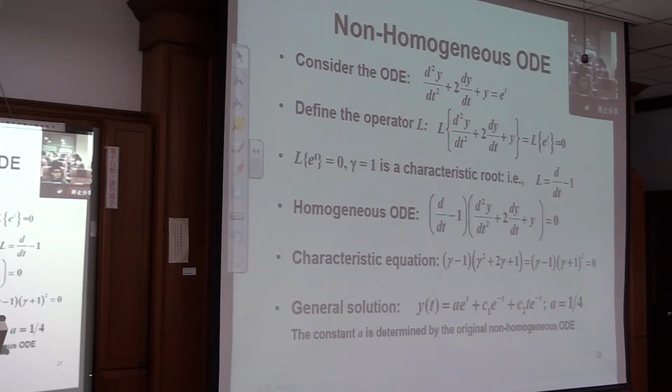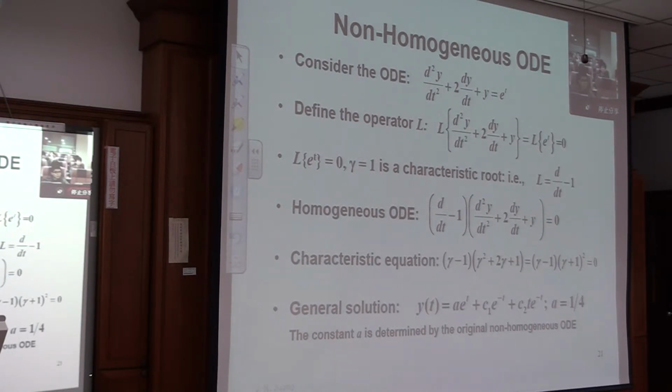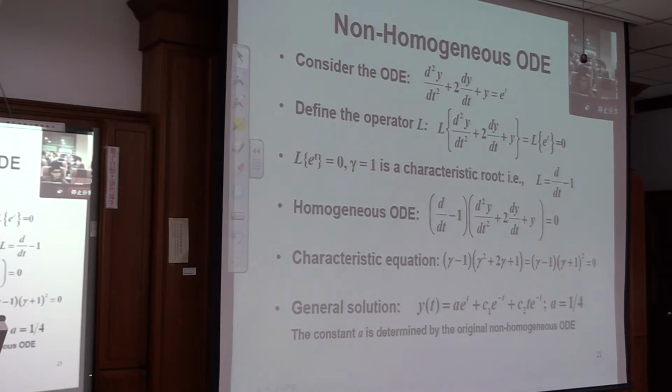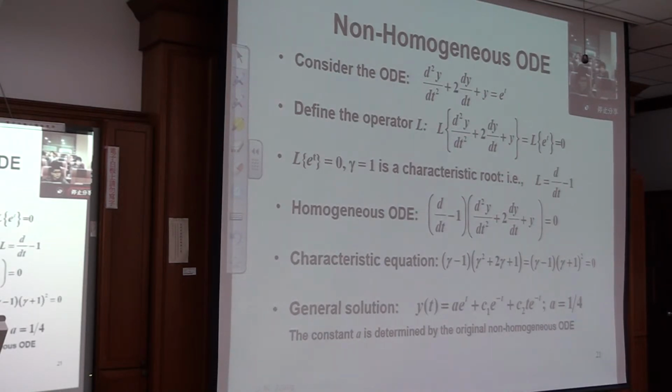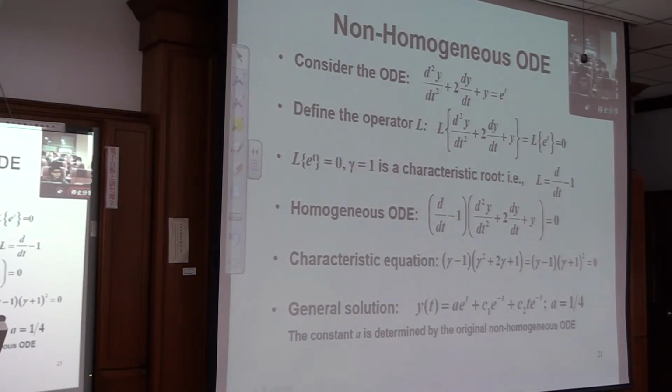If you have the roots, you have the general solution. I was supposed to ask you what is the general solution, but here it's written out. In this case, you have the combination of these 3 factors. So this is just an example of how we might solve the non-homogeneous ODE.